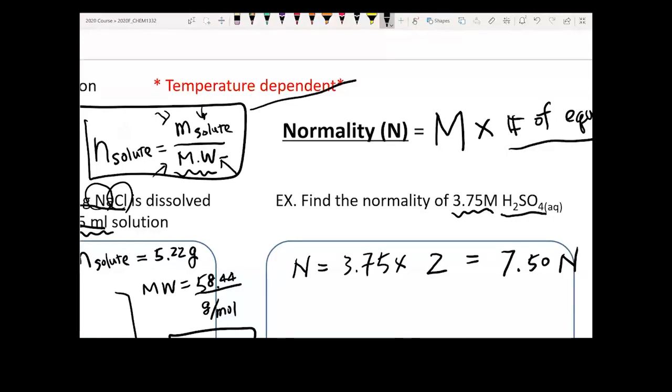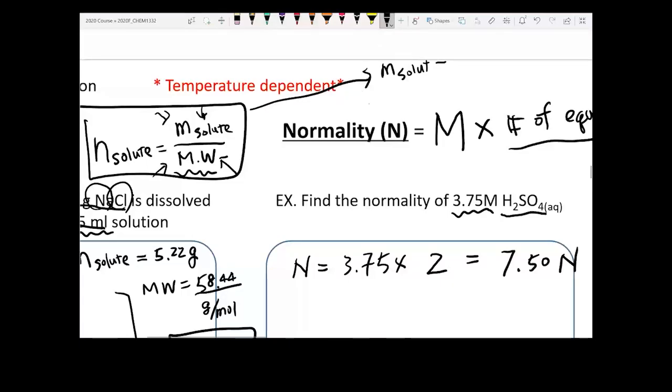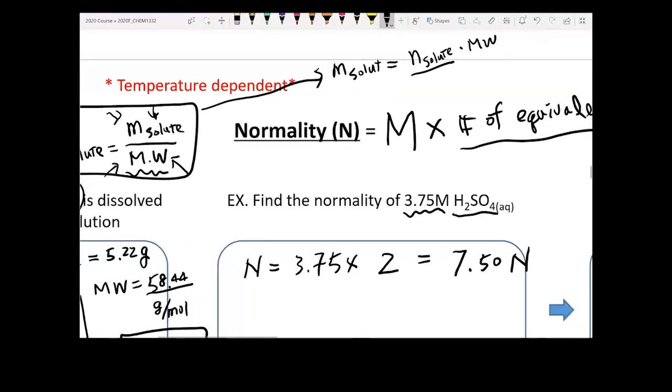In other words, the mass of your solute is equal to the number of moles of your solute times the molecular weight of your solute. Right now you have 1 mole of MnO4-.